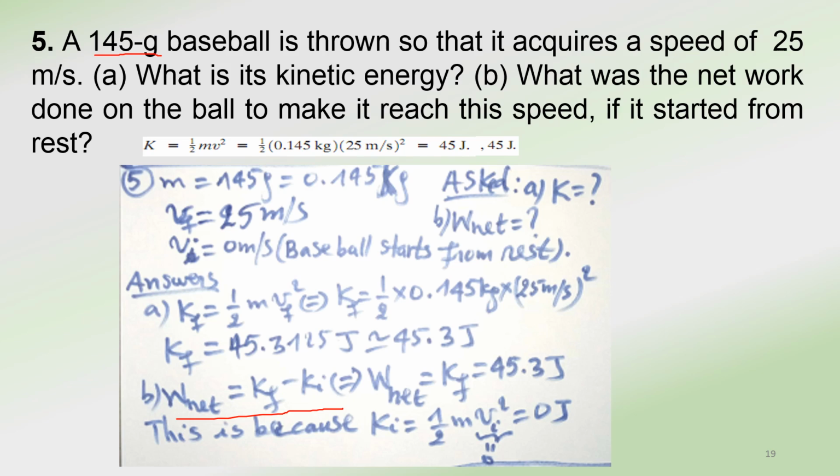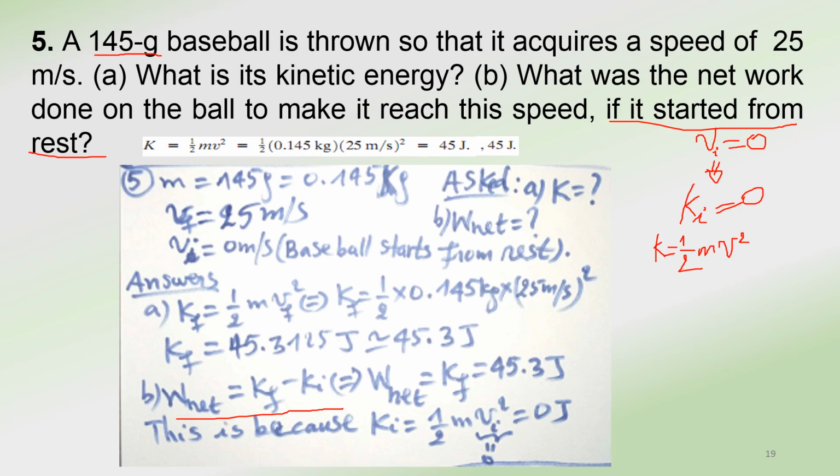Then this body starts moving from rest. To say the body is moving from rest means that the initial velocity of this body is equal to 0, which means that the initial kinetic energy of this body is equal to 0, because kinetic energy is equal to the product of half of the mass and the square of velocity.